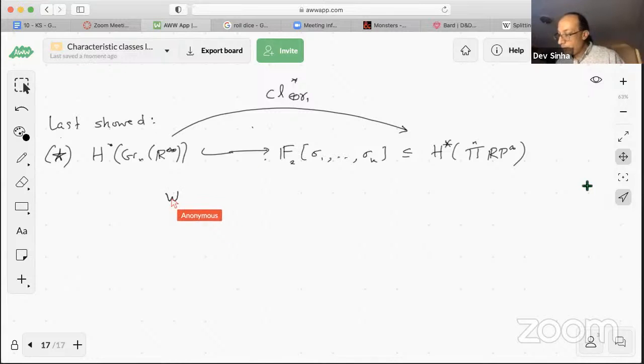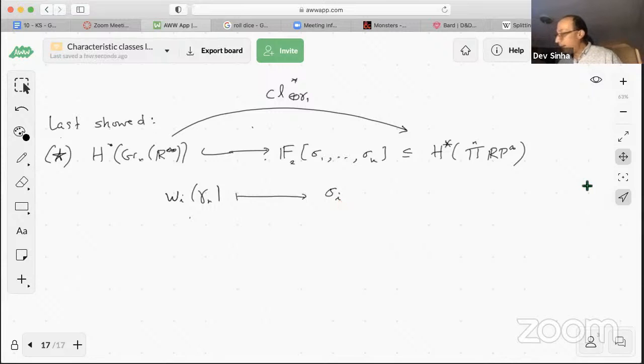Moreover, the i-th Stiefel-Whitney class of the universal bundle, so it's sort of the universal i-th Stiefel-Whitney class, goes to the i-th elementary symmetric polynomial.